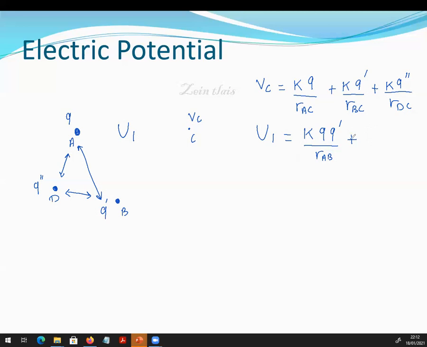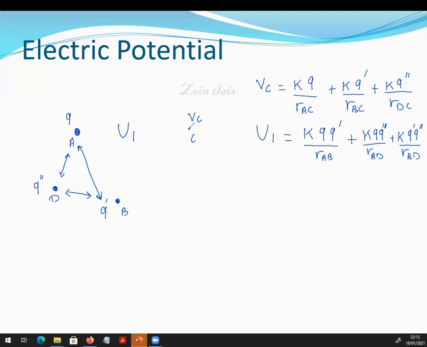The system one will be kQQ' plus kQQ'' divided by R_AD plus kQ'Q'' between B and D. Okay, it's clear now.